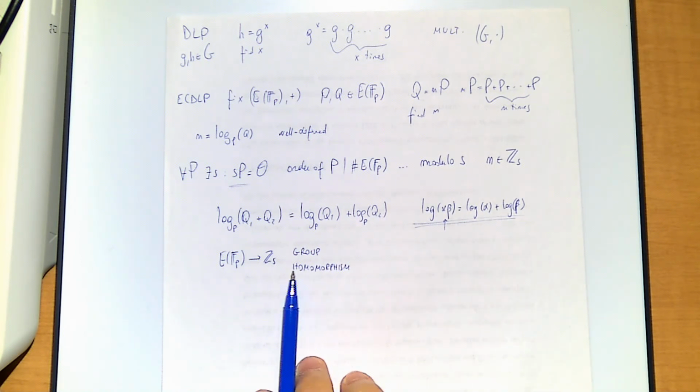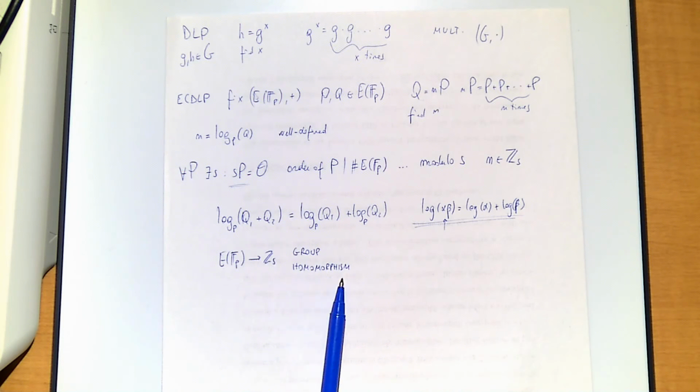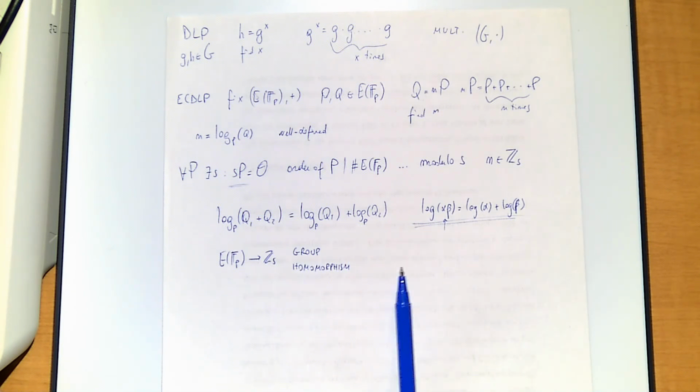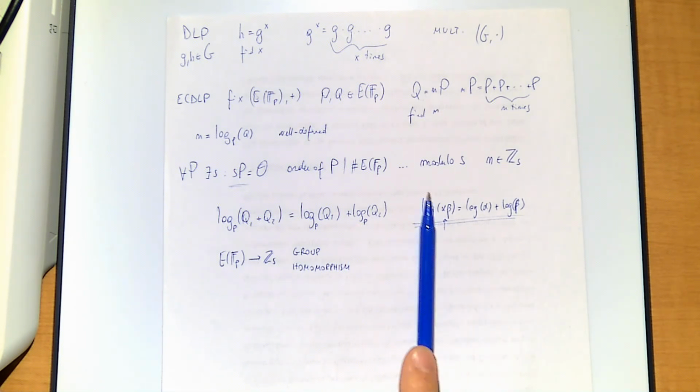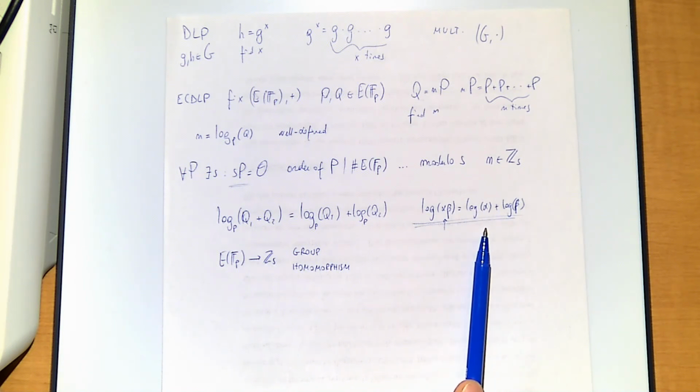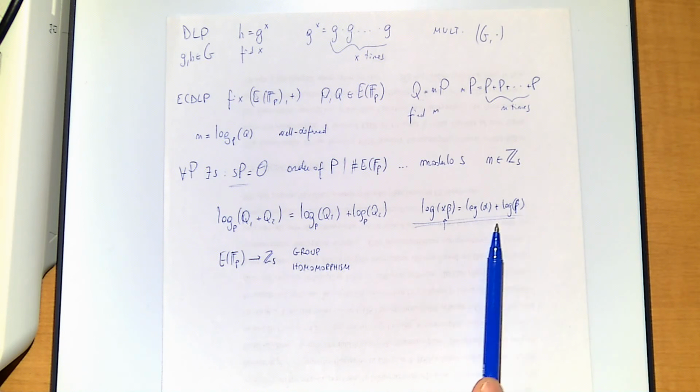So if you remember what a homomorphism is, it's a function that preserves the operation, and of course we're going from an additive group here to another additive group here, so that's why we see the logarithm law in this kind of unusual form. But if we are applying the same discrete logarithm to a multiplicative group, then we end up again in the additive group, which is modulo the order of the element that we're taking, right?